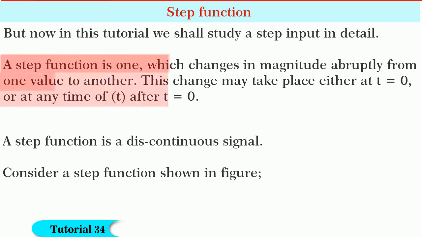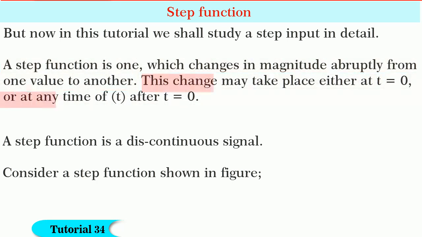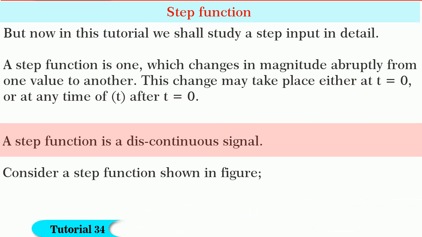Friends, a step function is one which changes in magnitude abruptly from one value to another at time t equal to 0 or at any time t after t equal to 0. As already expressed, a step function is a discontinuous signal.